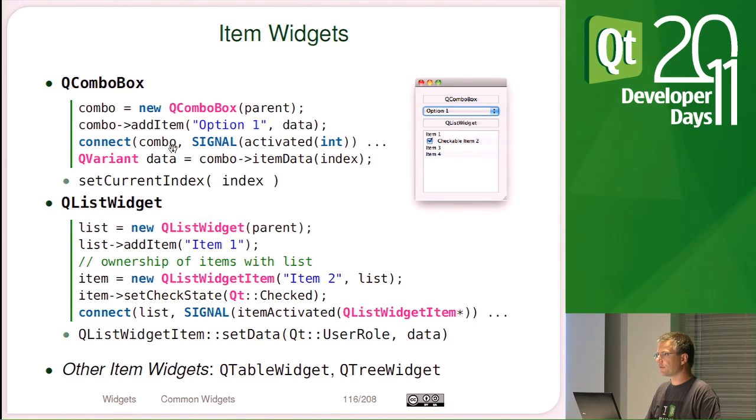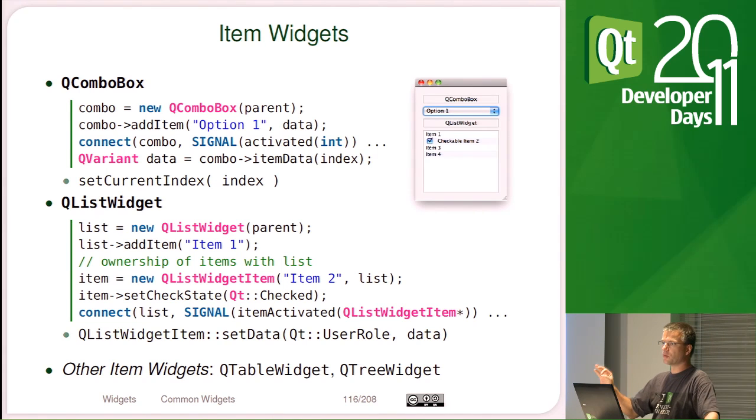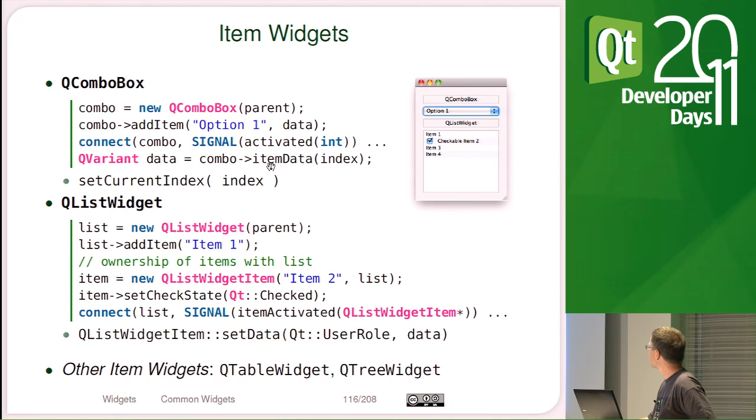So let's say you just show some text information, you can set some additional data in the background so that you know, when the user clicks on this item, which object it actually is. All this can be stored in the item data.